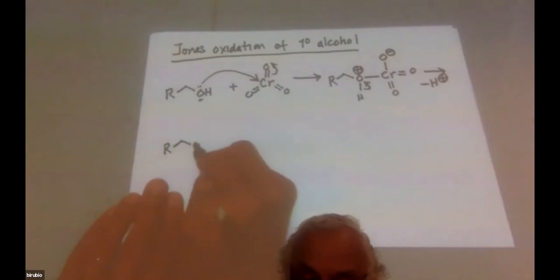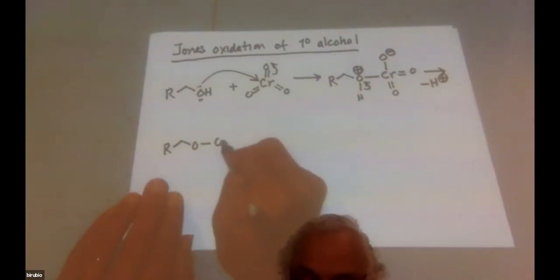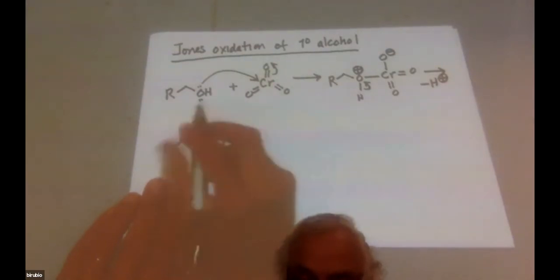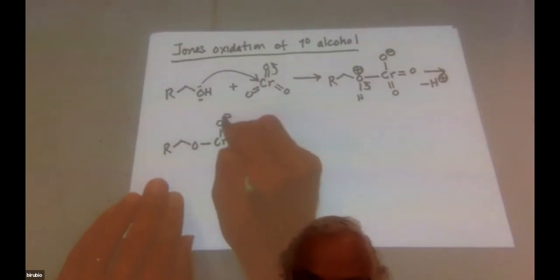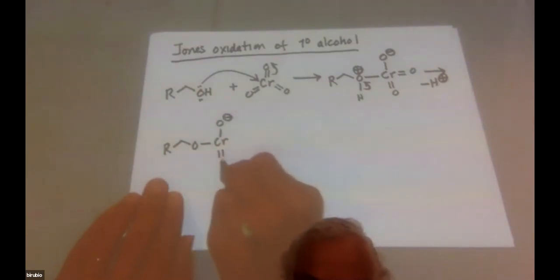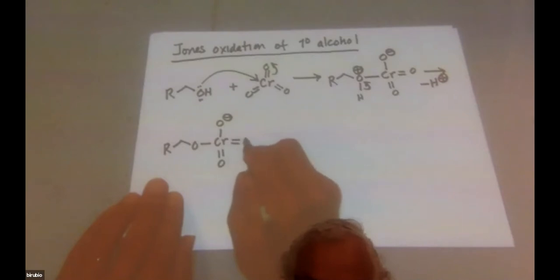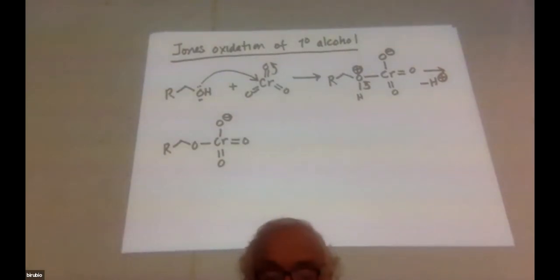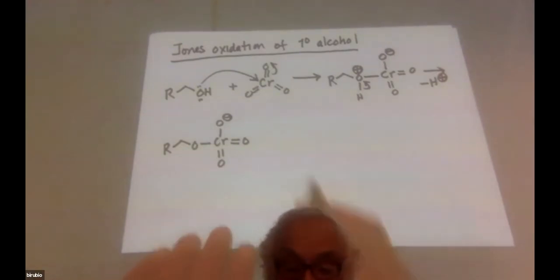And so now we have a species that looks like this. But now that O minus up there, he's not very happy. We have sulfuric acid in the solution. We have sources of protons.